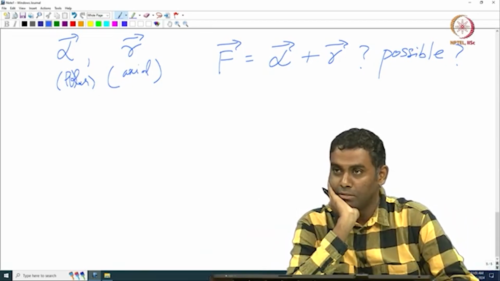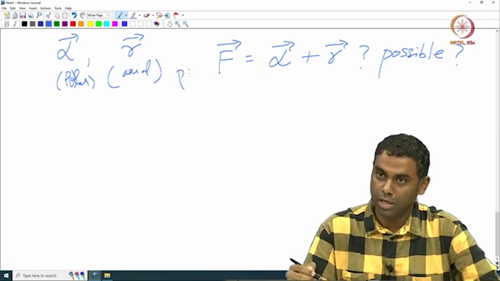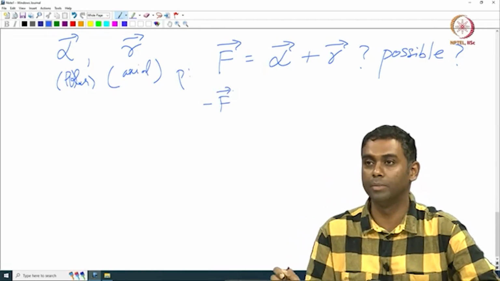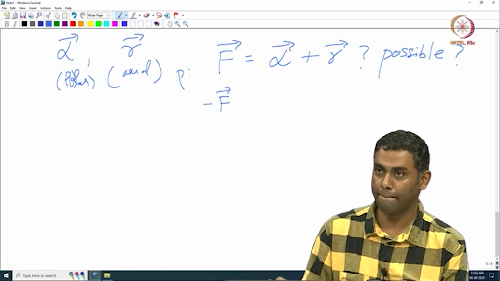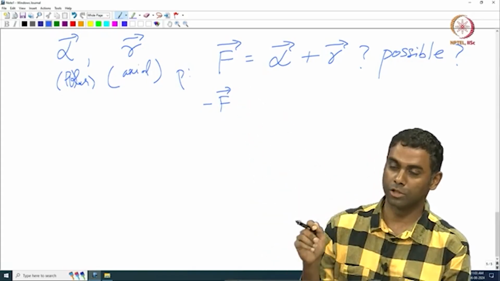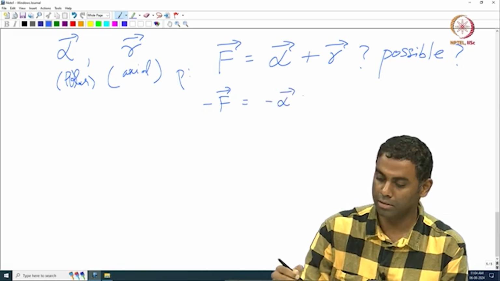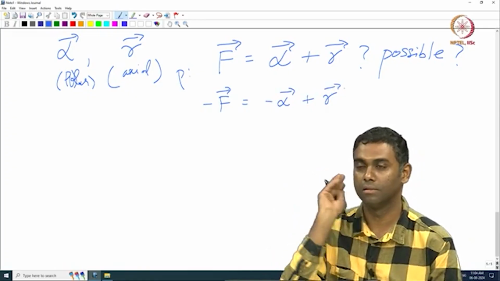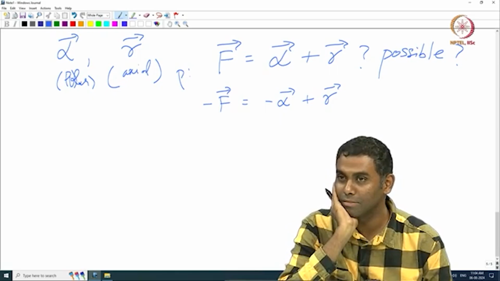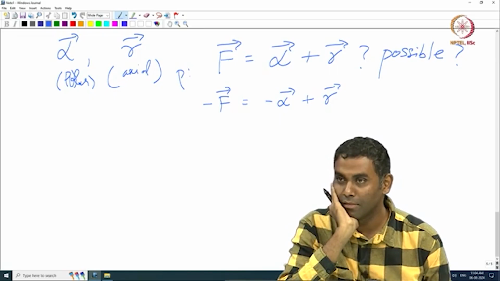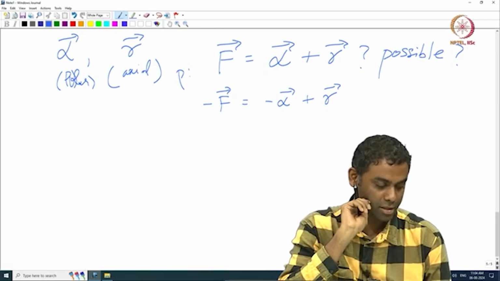So alpha flips sign. Let's apply parity to this. On the left hand side, I know that force, whatever it is, is a polar vector, so it flips sign. Force is proportional to acceleration, so it has to flip sign. Alpha has flipped sign, but gamma hasn't flipped sign. So what has happened? Is this even possible? Is it legitimate?